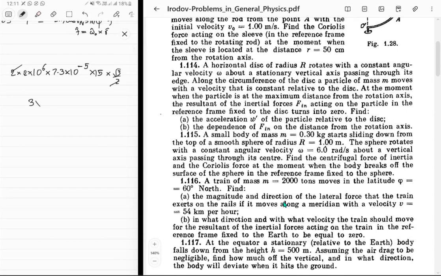So it's 3 times 7.3 times 10 power 2, and then you've got square root 3. So 3 square root 3 times 7.3 times 10 power 1, like 730. That's the force in newtons.